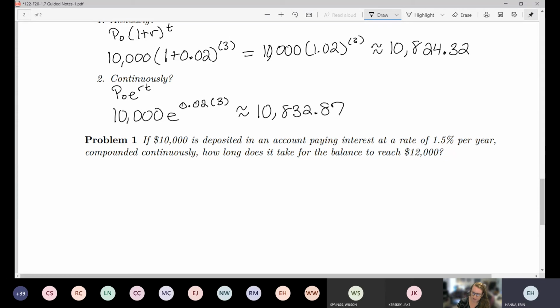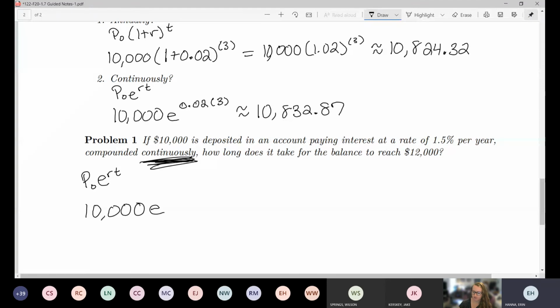If $10,000 is deposited into an account paying an interest rate of 1.5% per year, compounded continuously, how long does it take for the balance to reach 12,000? So we're using the e to the RT form again. What's the initial value? How much did we deposit? We deposited 10,000.